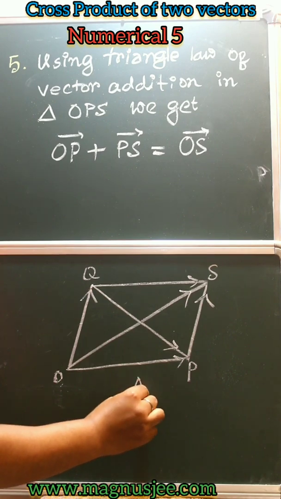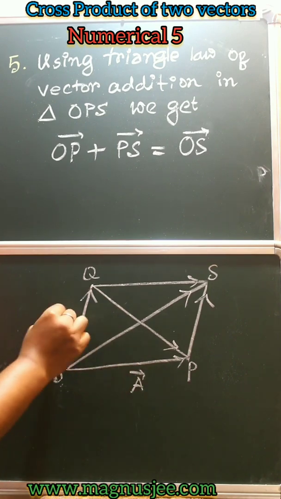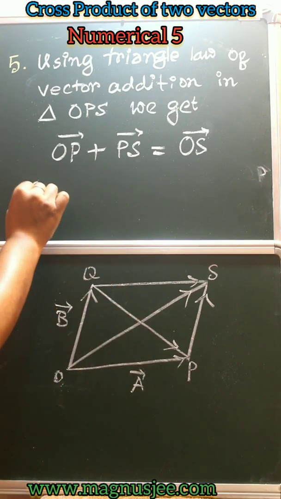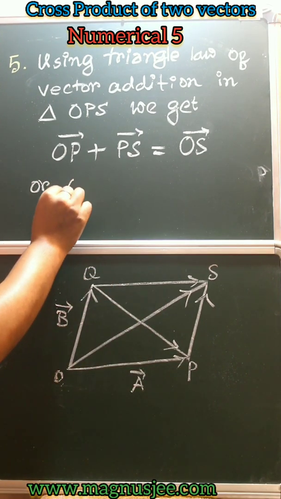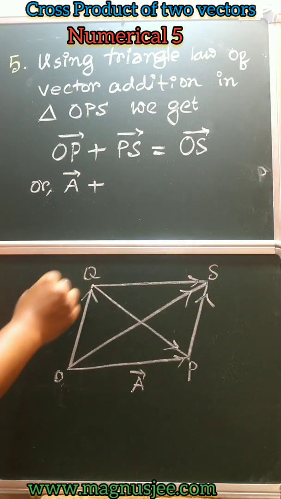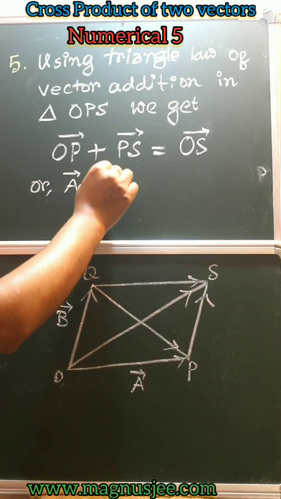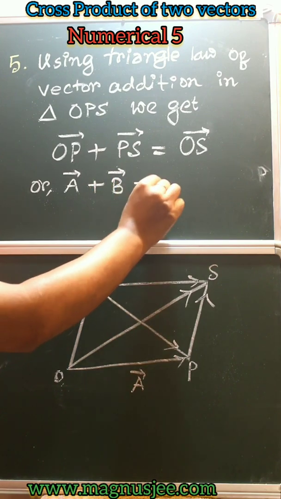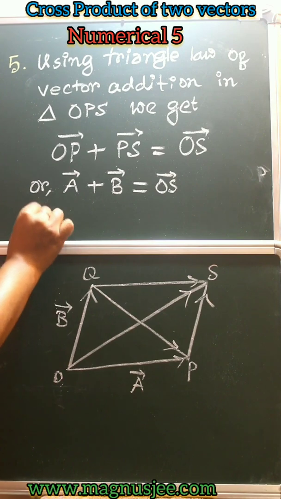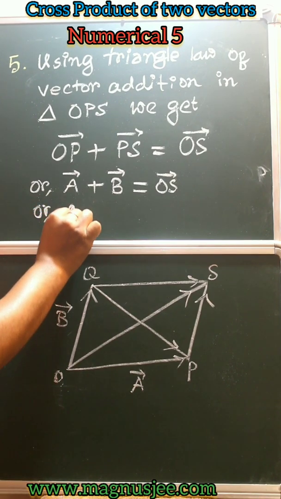So now vector OP is vector A, and we know that vector OQ is vector B. So in place of vector OP we can write vector A, and in place of vector PS we can write vector B, because vector PS is equal to vector OQ, because two sides of a parallelogram are parallel and the same in length.